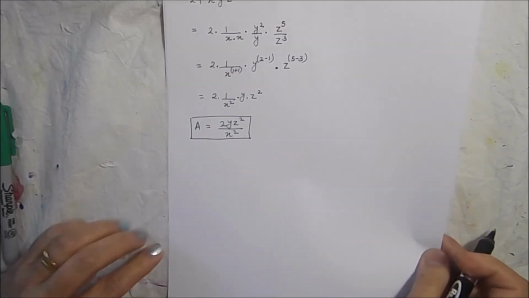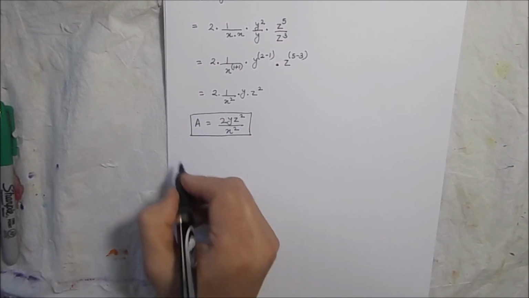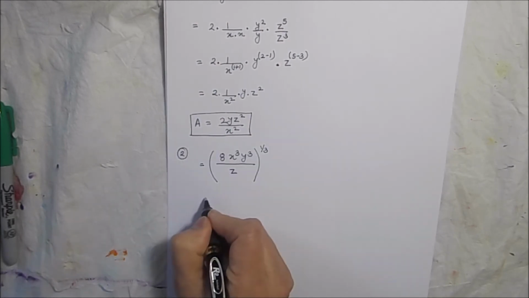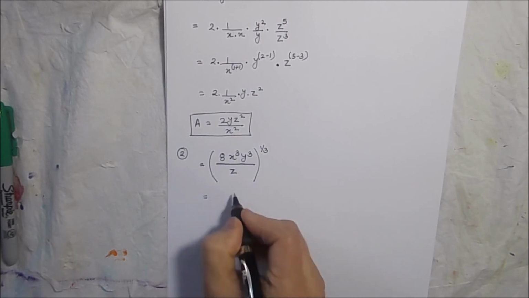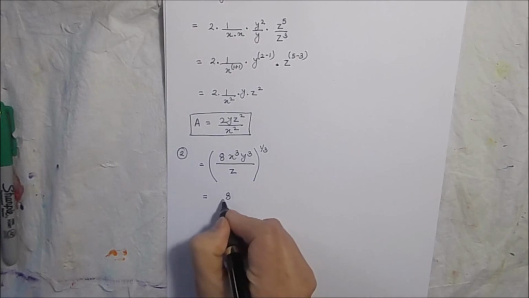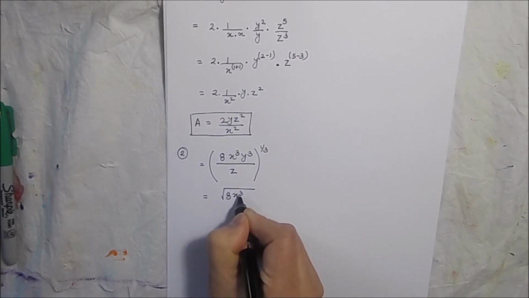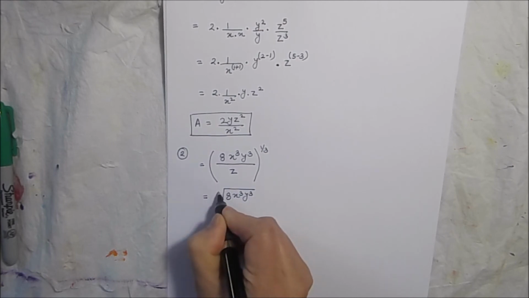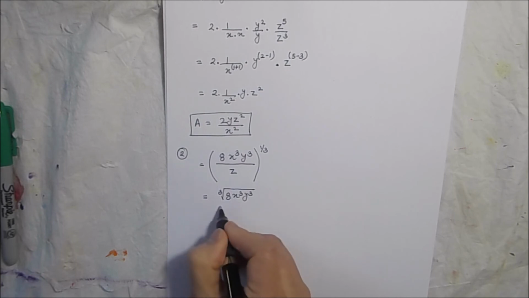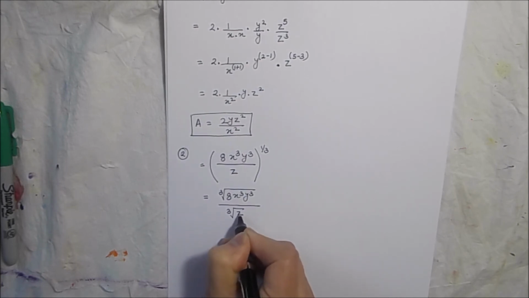Now let's solve one more example in which we are going to take the fractional exponent. So let's take one more example here. So here 8 to the power 1 by 3. So this is going to be the cube root of 8 x cube y cube, and we can write it like this too, over cube root of z.